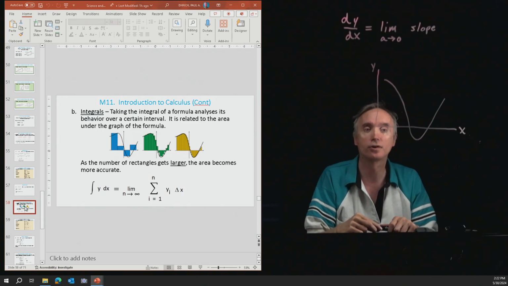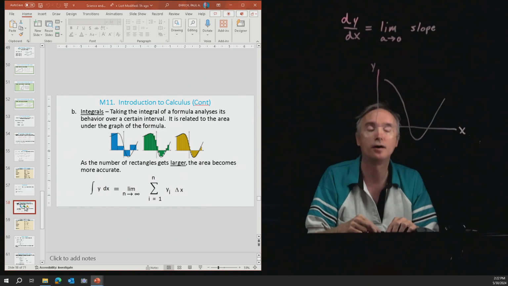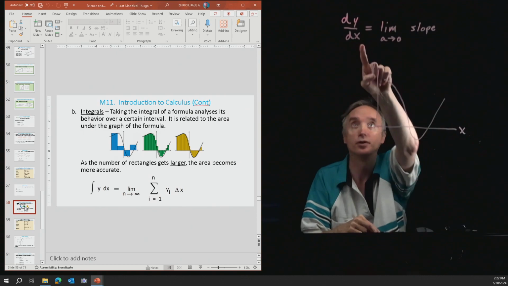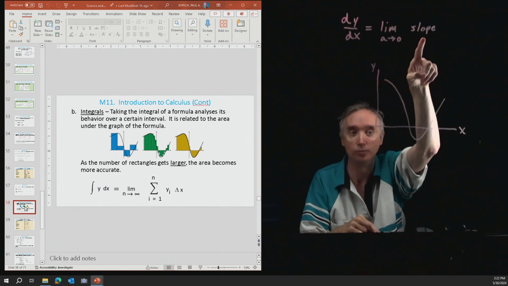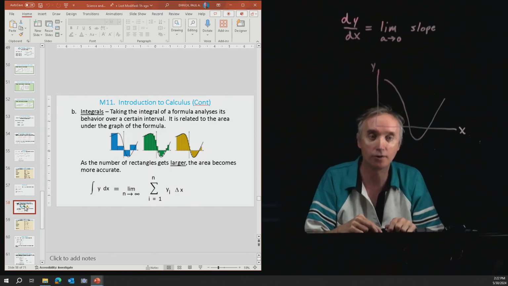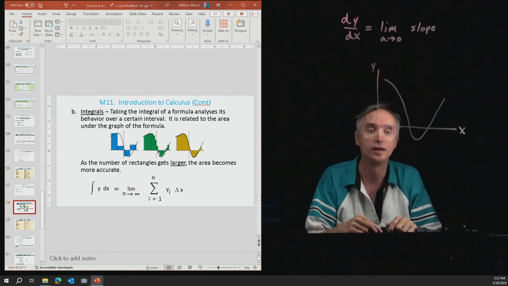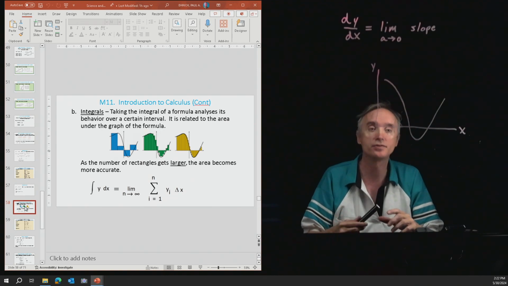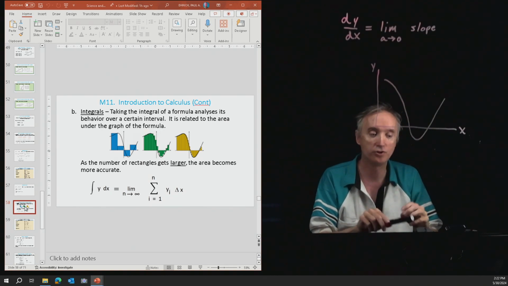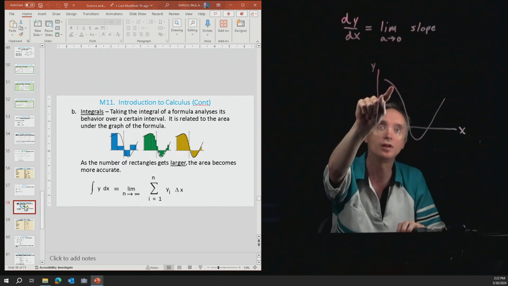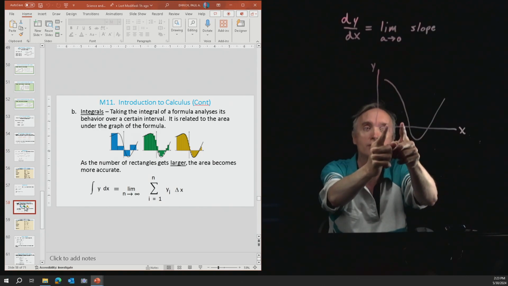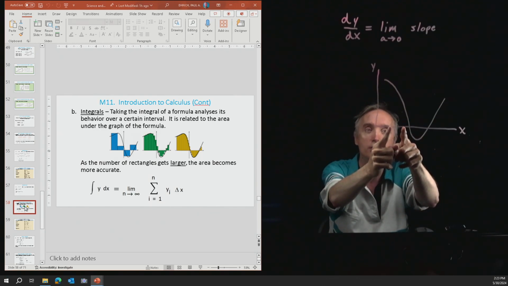An integral is going to be related to the area of a graph. Derivatives are related to the slope of a graph, and integrals are going to be related to the area of a graph. And once again, it depends on how you choose your areas. Do you remember that when we found the slope of a curve, it depended on which x's we chose?